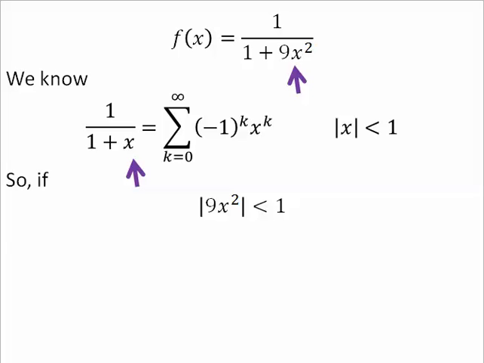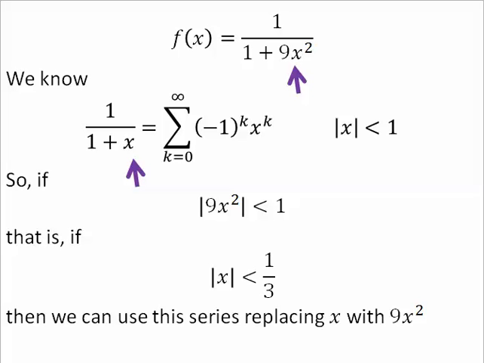That means that with the new series, x is going to have to be less than 1/3. So my radius is decreased with this new series. All right, so as long as x is between negative 1/3 and 1/3, then I can use this series replacing x with 9x squared. So let's do that.